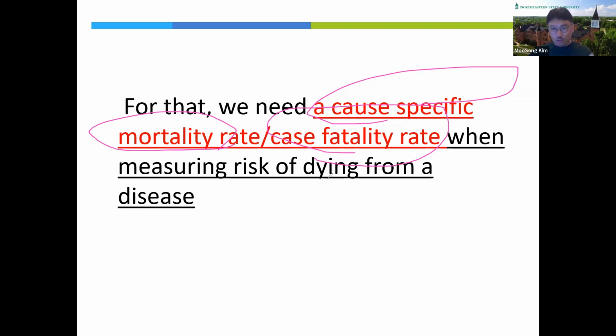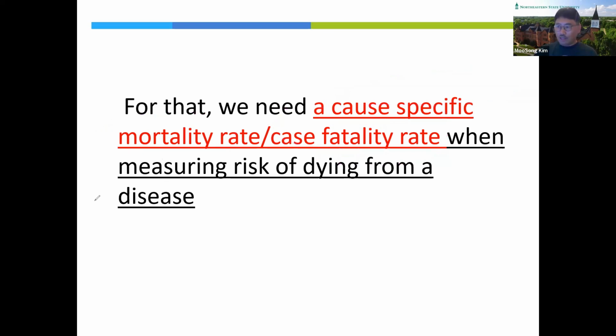If we use the proportionated mortality rate for measuring risk of dying, that can be misleading because proportionated mortality rate depends on the deaths from all causes, right? So please keep this in mind.